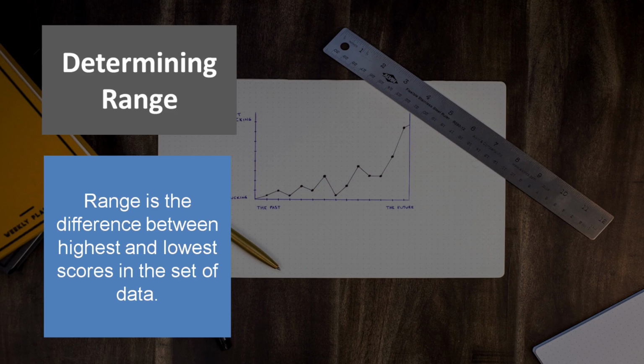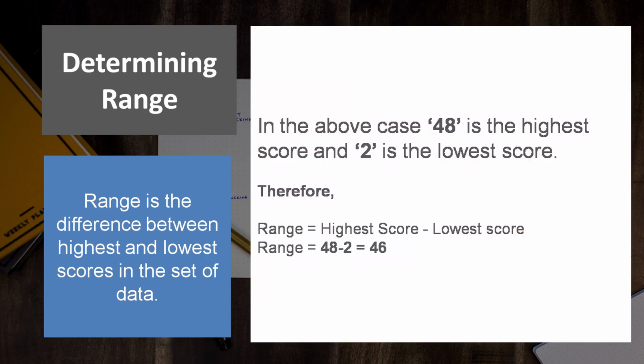In the above case, 30 scores are there. 48 is the highest score and 2 is the lowest score. So what will be the range?